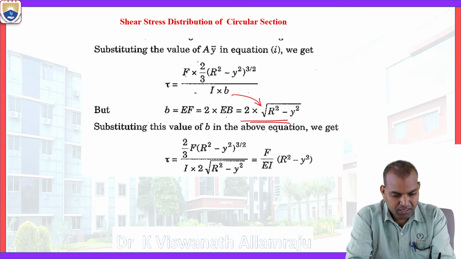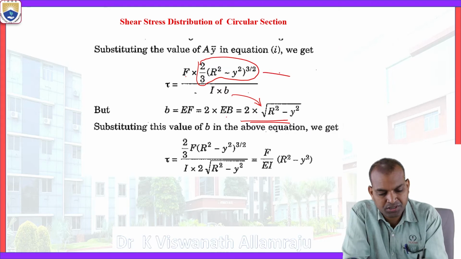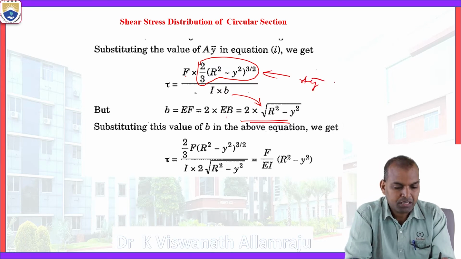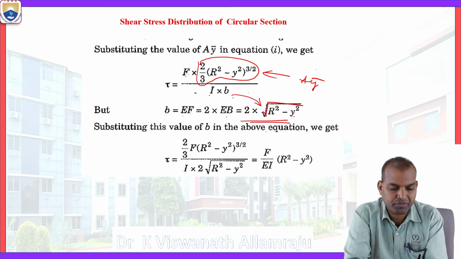Now, this term, 2/3 of (R square minus Y square) power 3 by 2, is the term A y bar in F A y bar by I B, where B equals 2 times under square root of R square minus Y square.